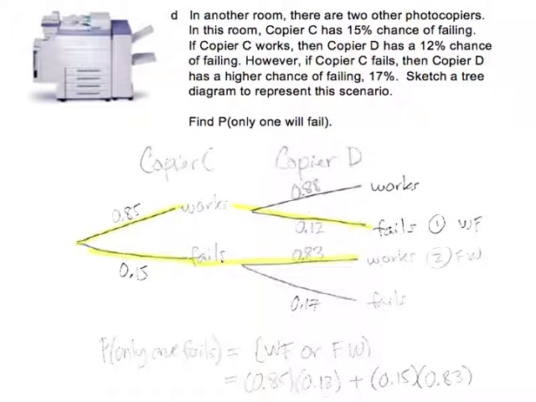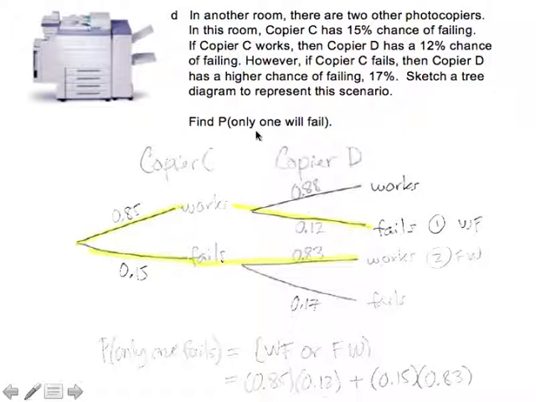Look at that branch there, 0.12 if copier C works, but then the failing number for copier D is 0.17 if copier C fails. So in other words, copier D is more likely to fail if copier C fails. And that could be because if copier C fails, more people are using D, so it's going to have more of a chance to fail as well. So anyway, notice the branch, all these numbers have changed because there's dependence here.